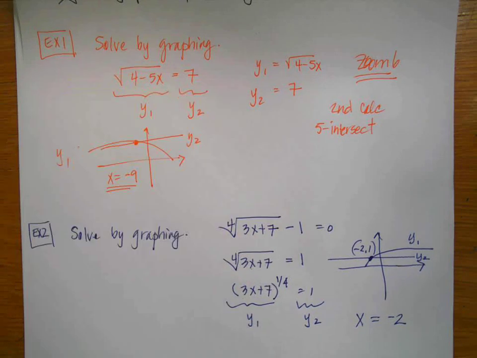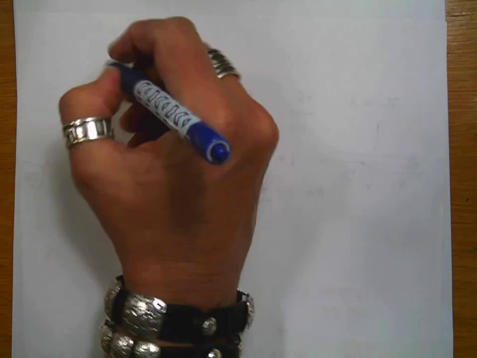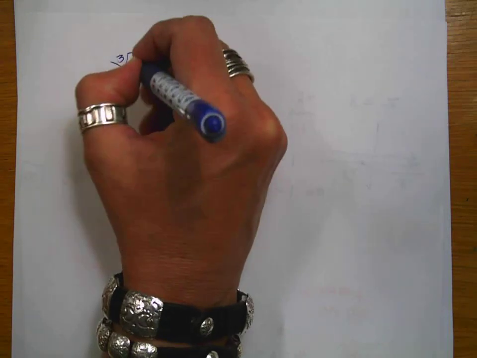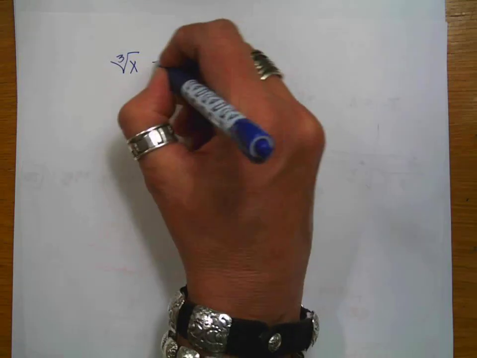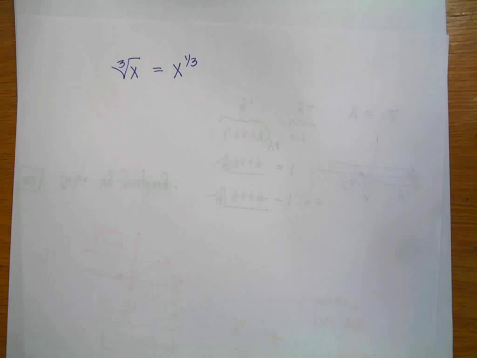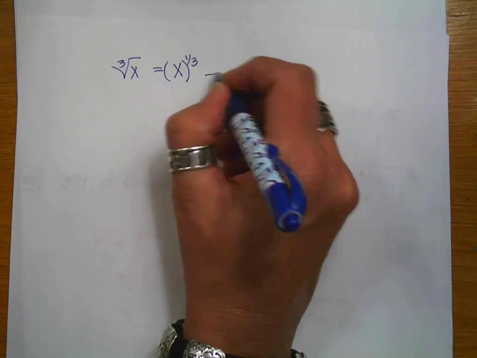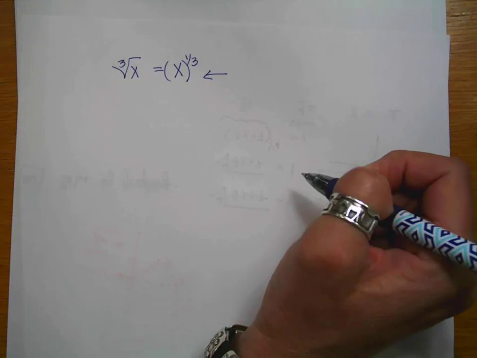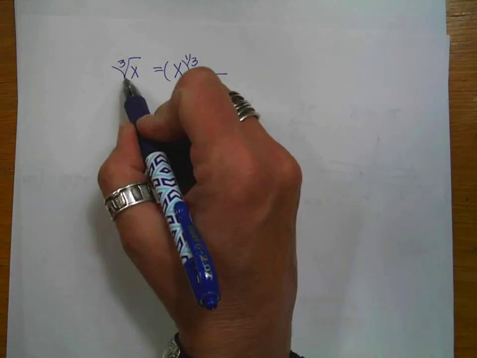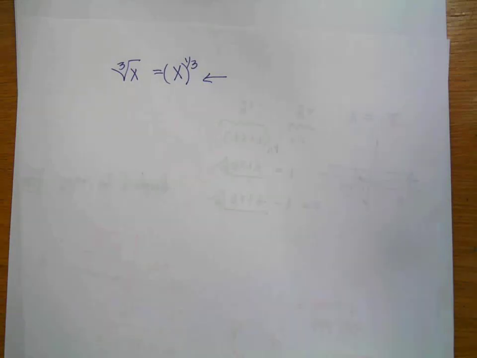Alrighty. So just a couple of things to mention before we're done that I've noticed from people working on the problems in class. Remember that if I want to do the cube root of x, that's the same thing as x to the 1/3. And when I put it in my calculator, I think this is easier than trying to do it the other way.